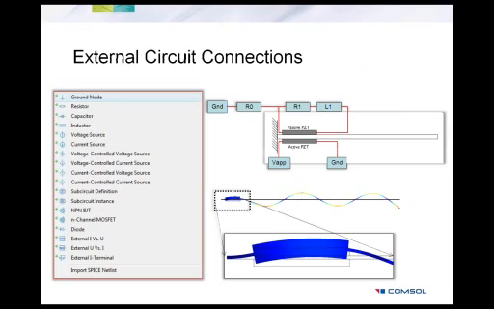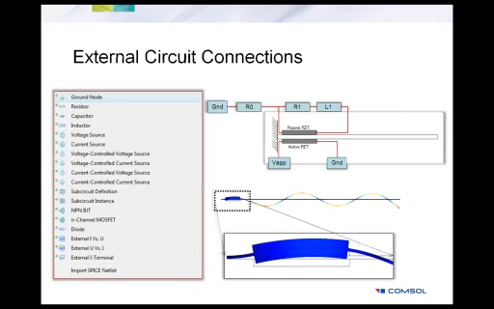The importing of a SPICE netlist is actually very, very simple. You can see from the left side of the screen that there is a choice to import a SPICE netlist. All you need to do is click on that, import your SPICE netlist, and then connect it to your circuit. And I have shown a very, very simple example on the right side of the slide.